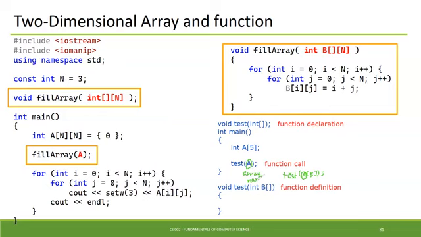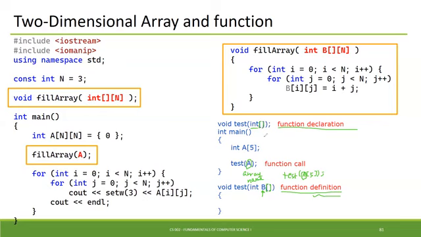In the definition, the parameter can be any name. However, you must provide a bracket here in the definition. And in the declaration, you must have the data type and the bracket as well.